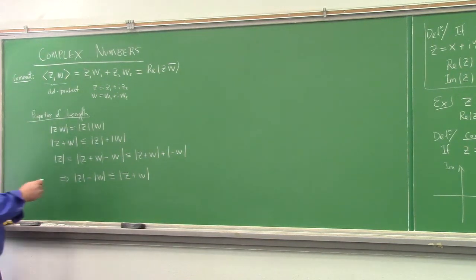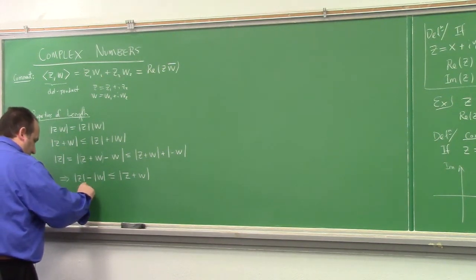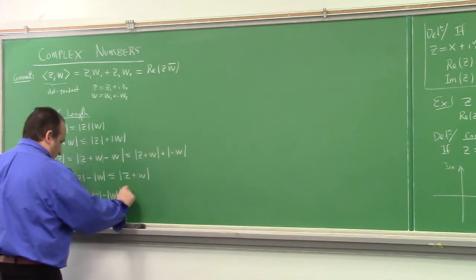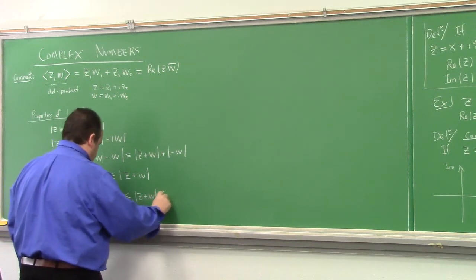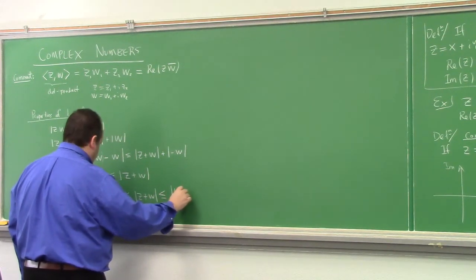And it follows that minus the length of Z minus the length of W is less than or equal to the length of Z plus W, is less than or equal to the length of, well, this is actually not length, this is absolute value, because this is a real number.